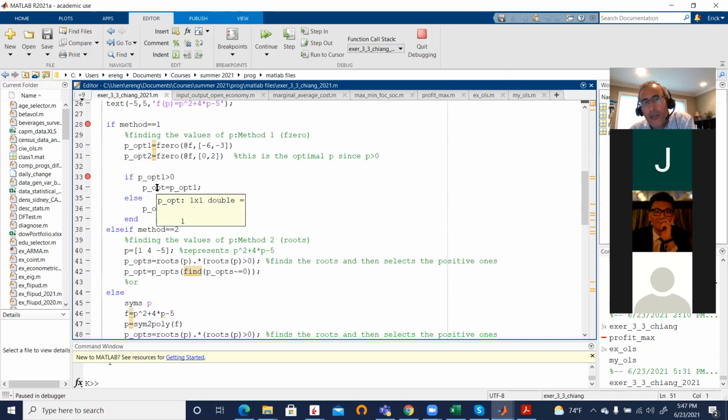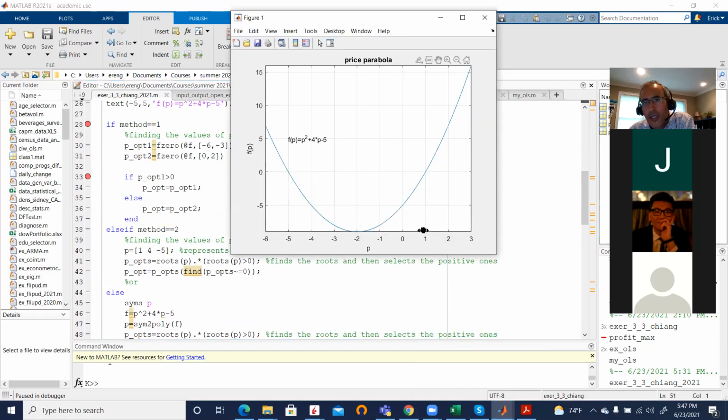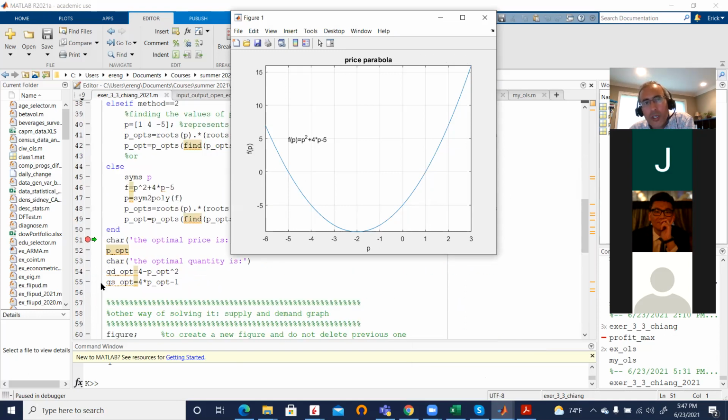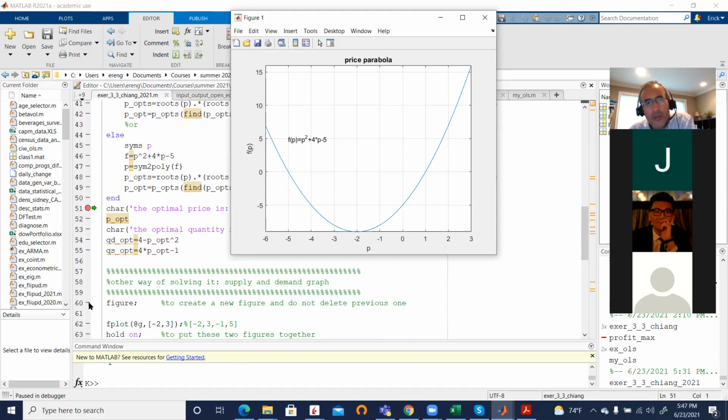And what is your optimal? Your optimal is 1. Okay, if you see the graph, indeed, this function crosses 0 at 1. Okay, make sense? Now, what do we do? I'm with method 1. So I can simply start doing this.